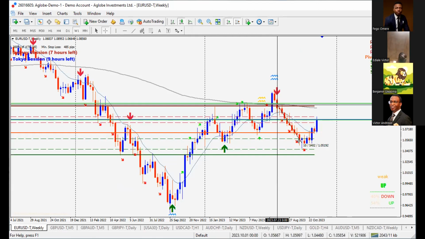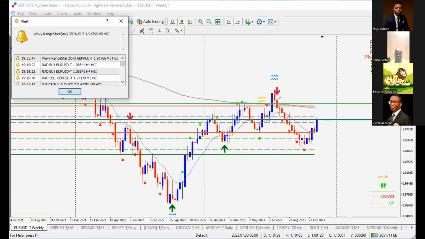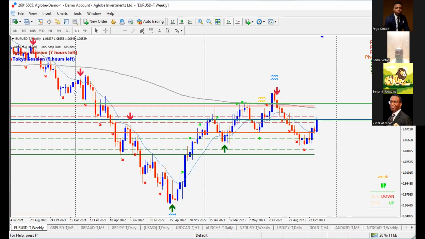540 pips on average. Now, this big red arrow is a sign for you to take seriously. It's a selling sign, a selling indicator to tell you that the pressure from the sellers is quite huge.